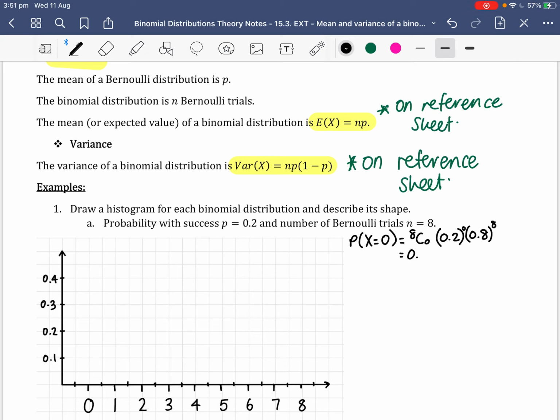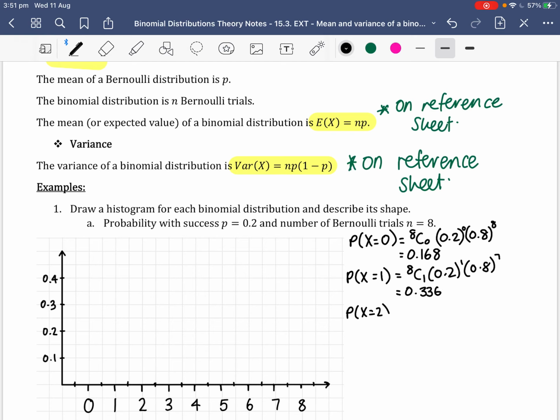And on our calculator, this gives us 0.1677, and we're going to round it to 3 decimal places, so it's 0.168. Now the probability that X equals 1 is 8 choose 1, 0.2 to the power of 1, 0.8 to the power of 7, and to 3 decimal places this is 0.336.